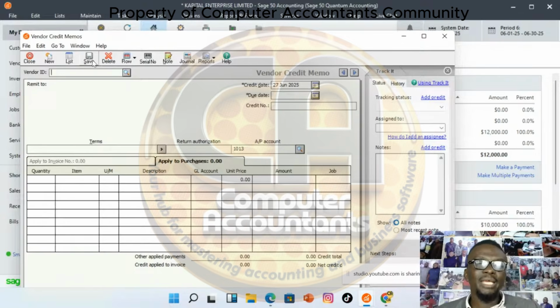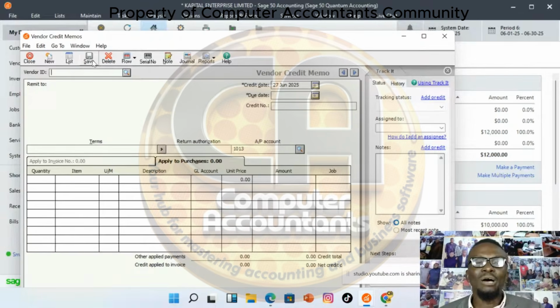Okay, now in a scenario where our customer wants to return goods, it might not only be as a result of defective goods. It can also come as a result of oversupply, or as a result of unwanted supply. In the course of supplying them, we added other products that they don't need.